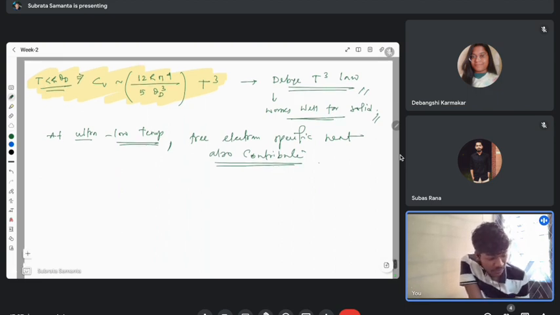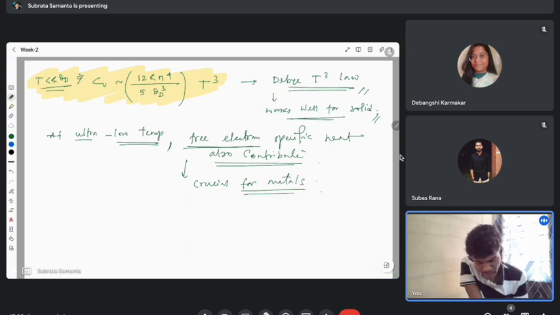Then the total specific heat becomes, and this is crucial for metals, the free electron specific heat is crucial for metals. And the Cv is something like A T cubed plus B T.